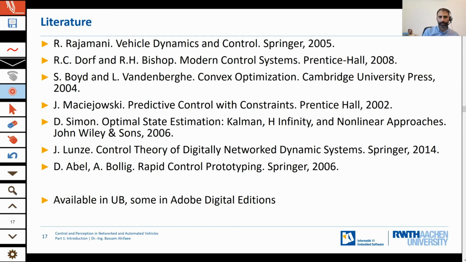So the part of vehicle dynamics is covered by Vehicle Dynamics and Control. The second book is about control systems. But if you are familiar with control engineering, or if you feel you have got enough knowledge about it in this course, you don't need to go to this book. You can also use other sources, of course.